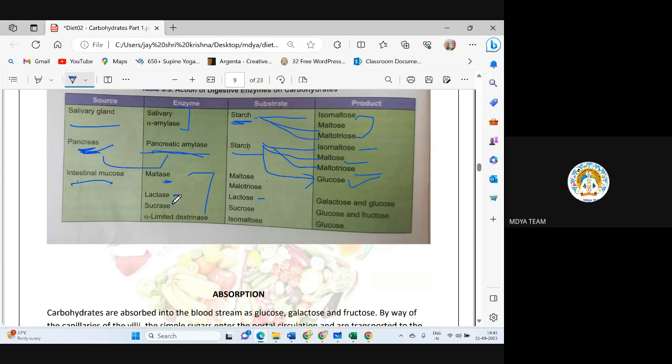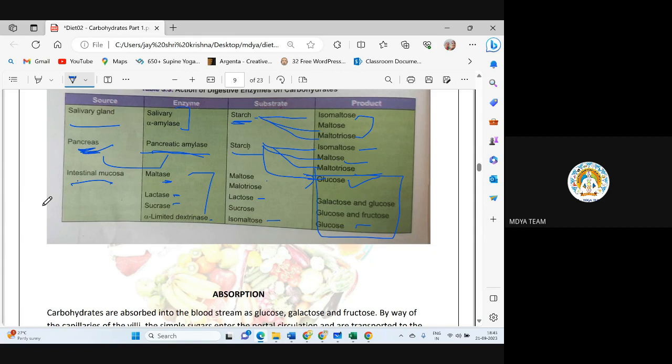Third one is sucrase. This sucrase works on sucrose and forms glucose and fructose. Next one is alpha limit dextrinase. This works on isomaltose and forms glucose. So all these disaccharides also got converted into monosaccharides. So end product of this digestion is always monosaccharide.